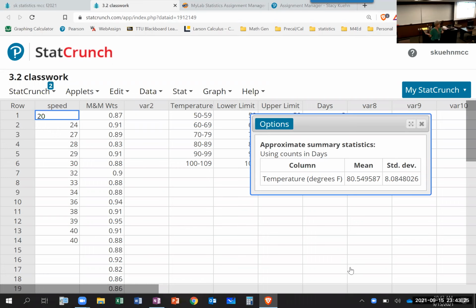You can keep going further and say, okay, 95% of the data that we collected is going to fall between these slightly larger ranges. That's what the empirical rule tells us.